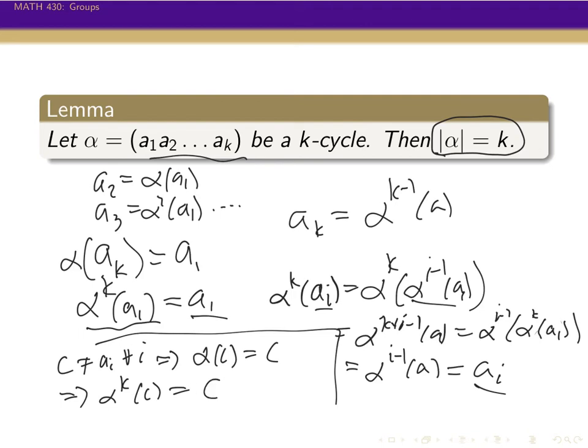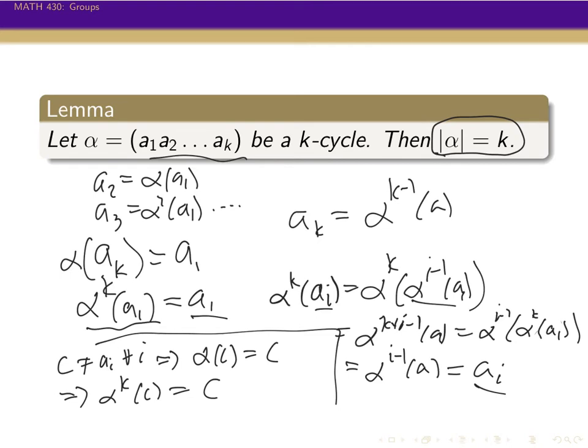It's always just going to spit back c. So if we apply alpha k times to anything, we get back what we started with. And so k is some number where alpha has turned into the identity. So we certainly have shown that alpha^k is the identity.